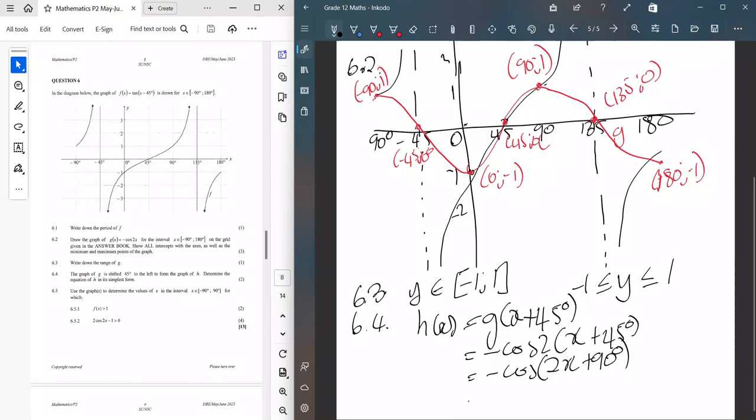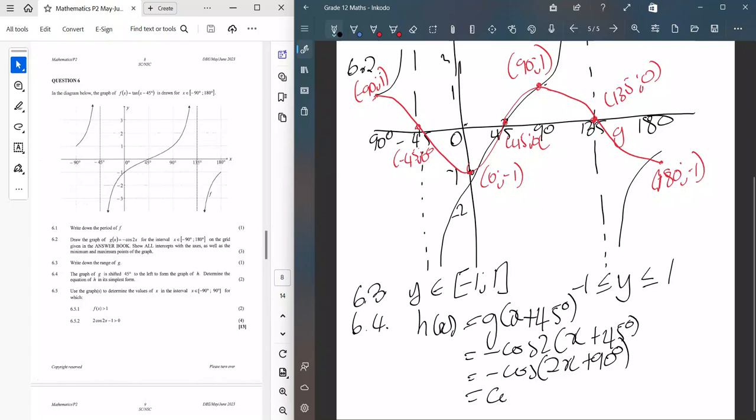As you can see, this 90, guys, is positive. So cos in the 90 plus quadrant, is it positive or negative? It is negative, right? Cos in the 90 plus quadrant is negative. Because of that negative, this then becomes negative times negative.